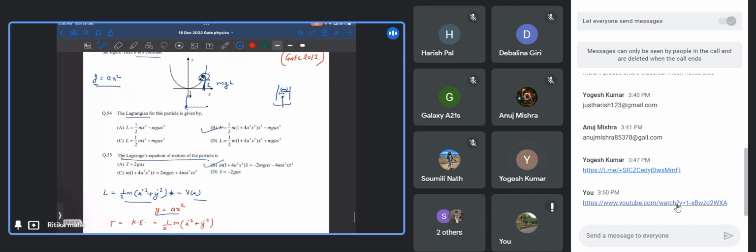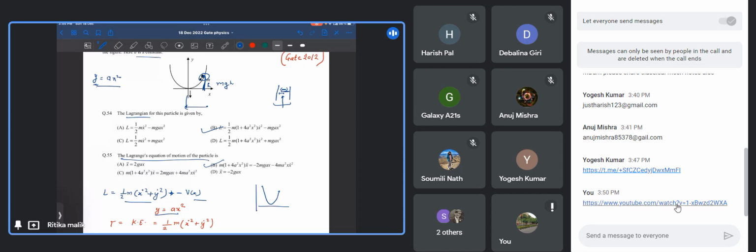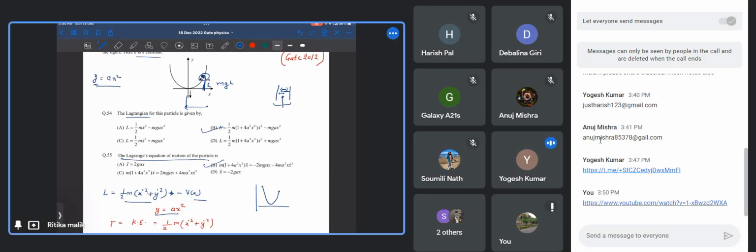Okay, that one: the equilibrium configurations, in which you have potential energy and you have to find different configurations for different potentials. Yes, ma'am. Okay, we will do that in the next class if that is an interesting topic. Okay ma'am, thanks for the topic.